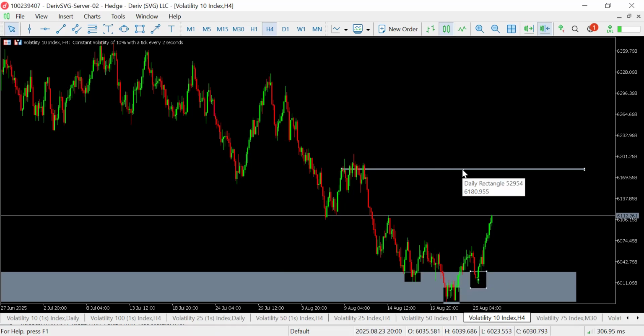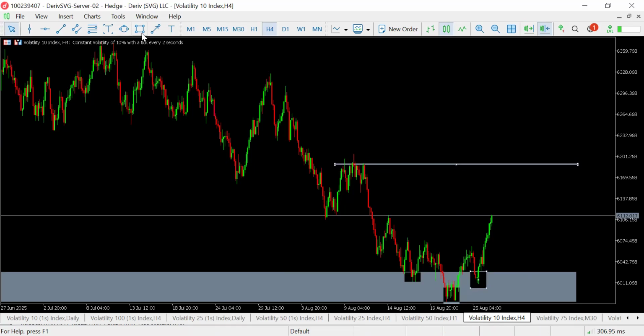And of course, we're looking at this point as our first destination, which means automatically this would be the neckline, which has just been taken out.